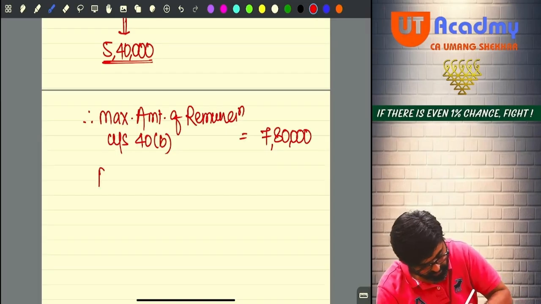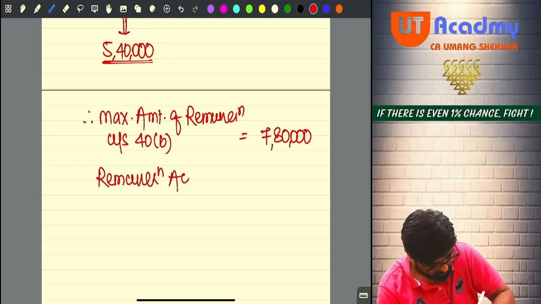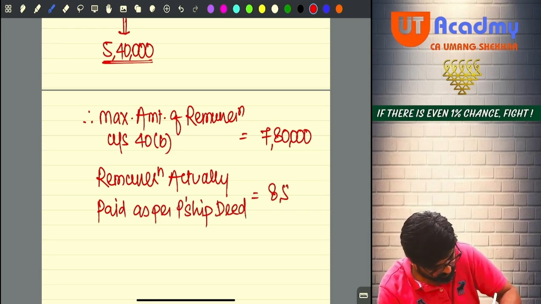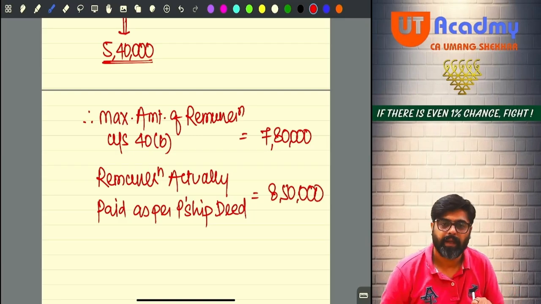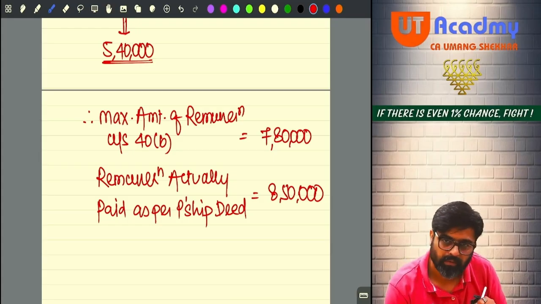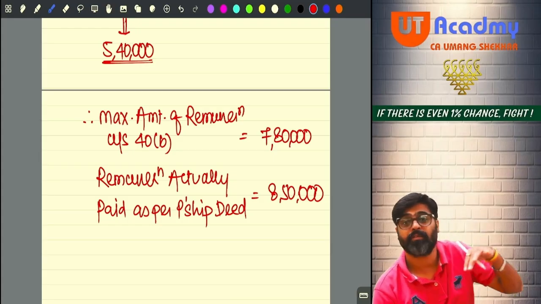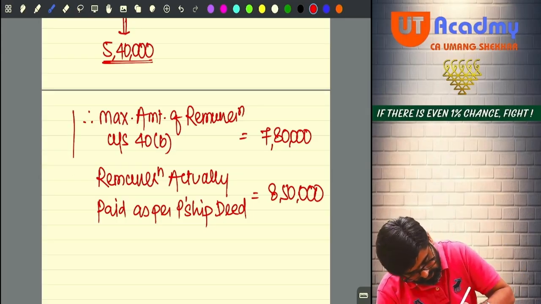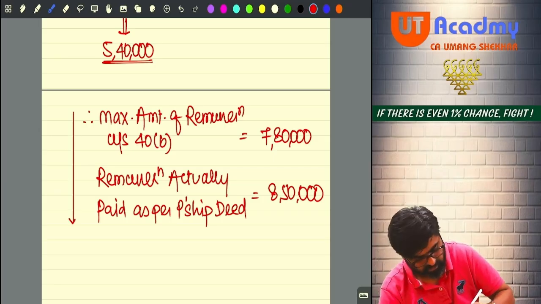And remuneration actually paid as per partnership deed, how much is that, sir? 8,50,000. Will 8,50,000 be fully allowed, or only 7,80,000 will be allowed out of 8,50,000? So either this or this, whichever is lower.